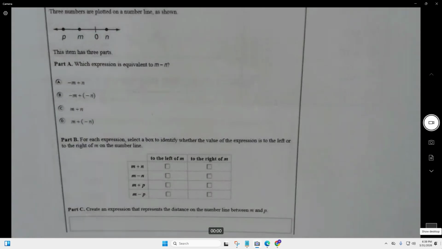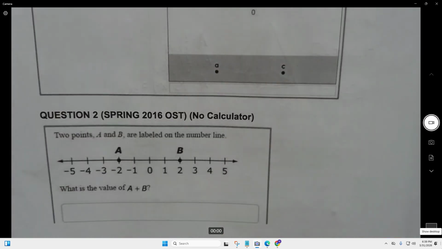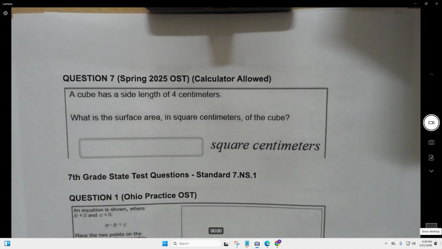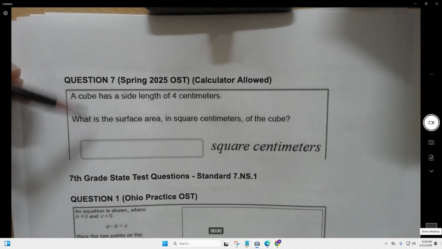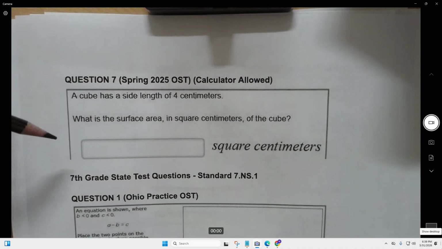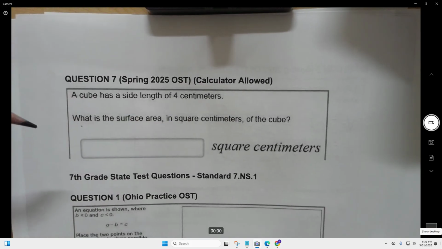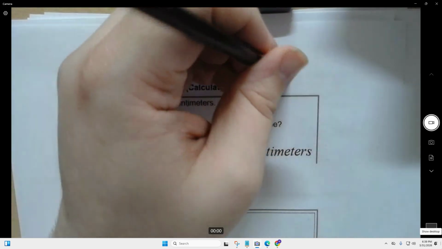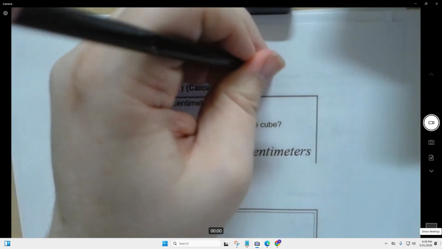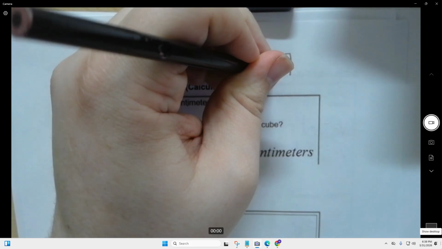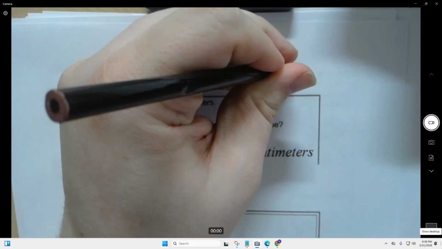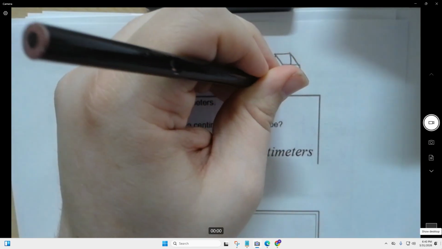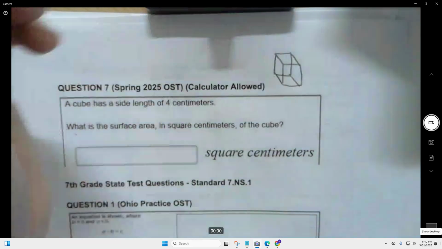All right, one more question. Whew. I'm ready to be done with geometry. A cube has a side length of 4 centimeters. What is the surface area in square centimeters of the cube? We noted earlier that the surface area of the cube is equal to 6 times the area of one of the squares.